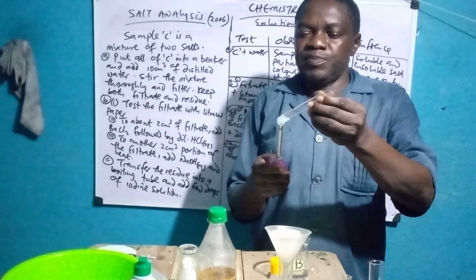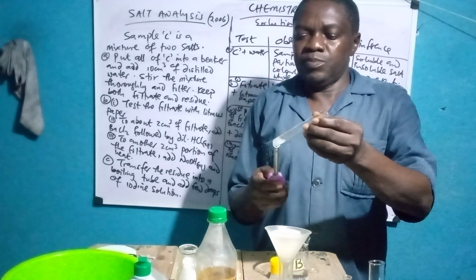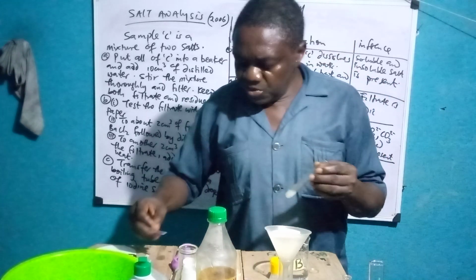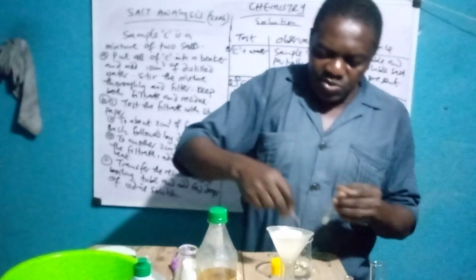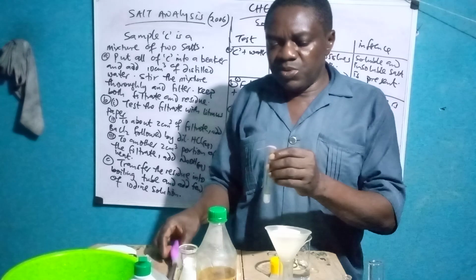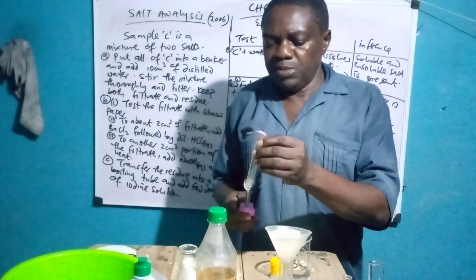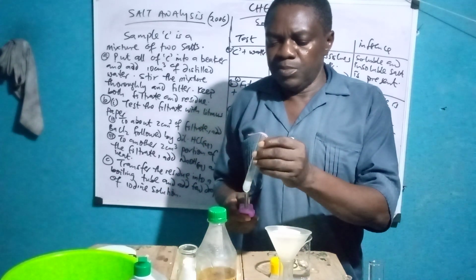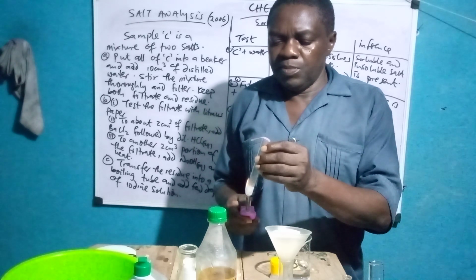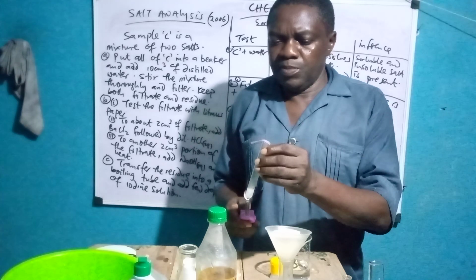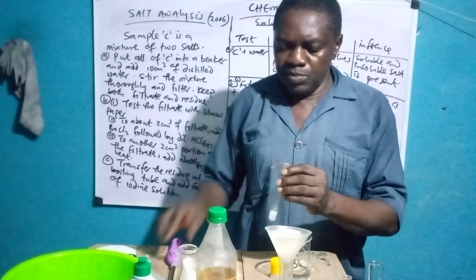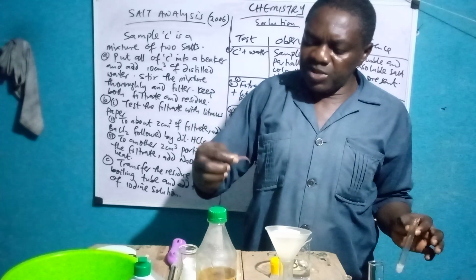You can see the flame. What they actually wanted to do is to test the gas produced with litmus paper. Let's see. This is red litmus paper. Let's see what happens. You can see it turns red litmus paper to blue.